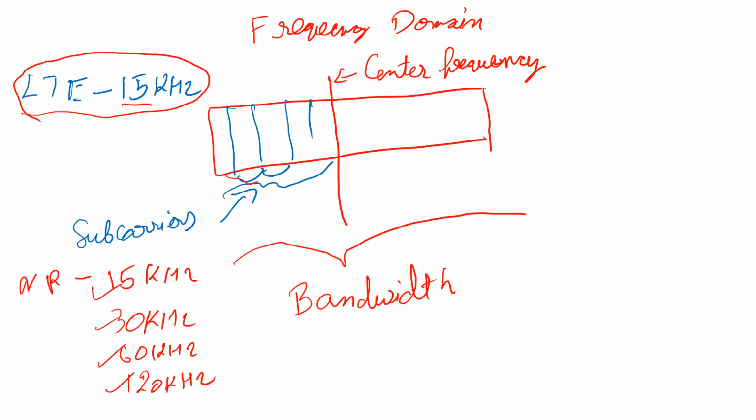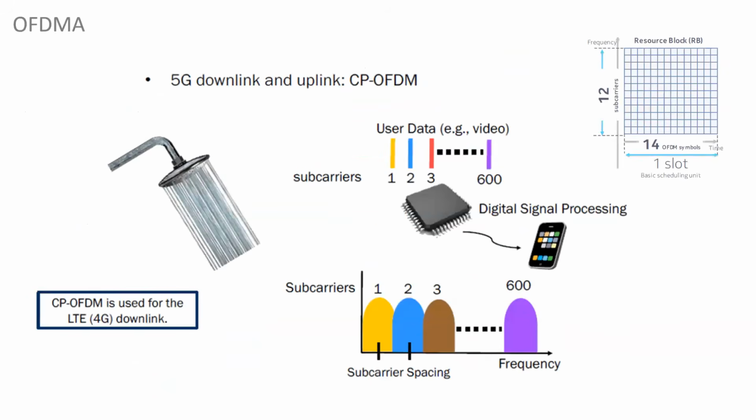So here I want to say that we have a carrier, a center frequency, and some bandwidth for this carrier, and we are talking about the frequency domain. The bandwidth is divided into what we call subcarriers. So OFDMA divides a channel into small units called subcarriers. Think of it as a water shower.